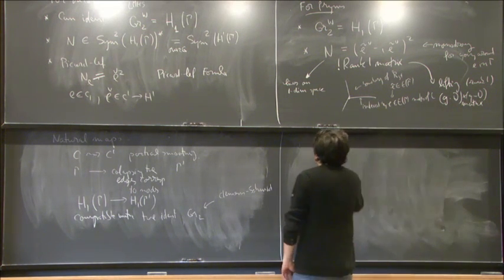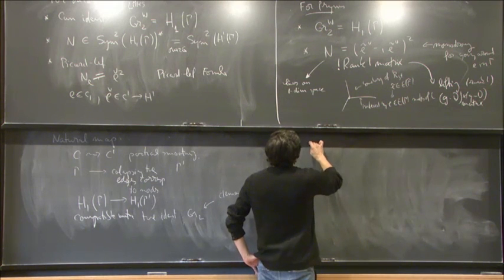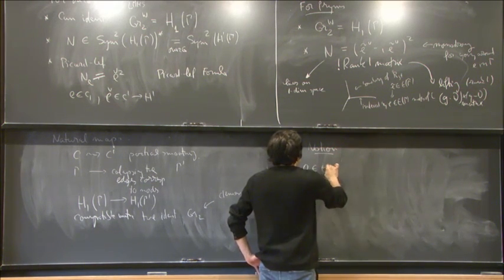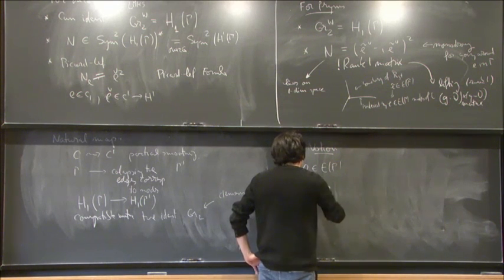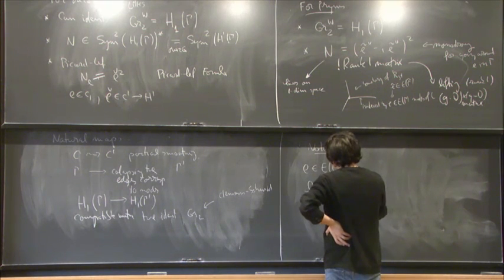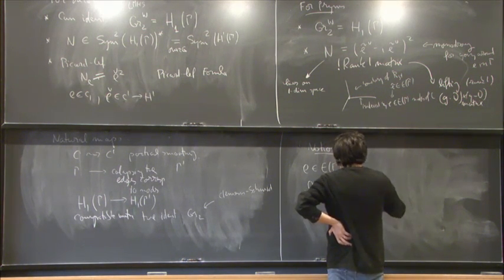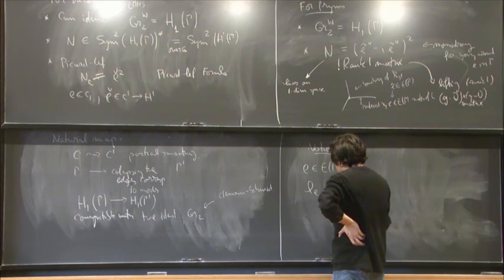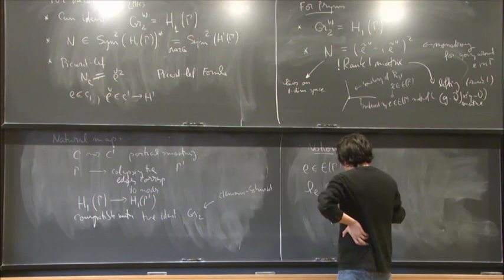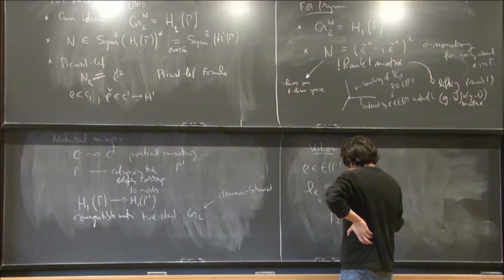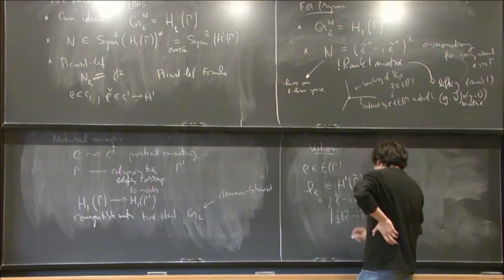And finally, the final piece of notation. For E in E of gamma, I denote L of E. This would be an element in H1 gamma tilde minus, which is by definition either E tilde minus i E tilde, or 1/2 E tilde minus E tilde.